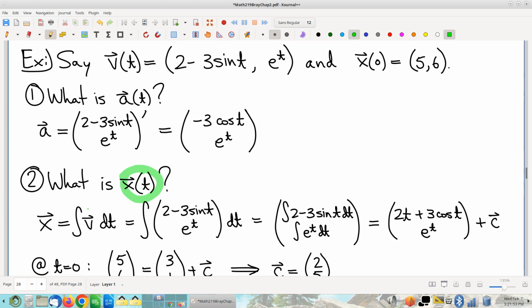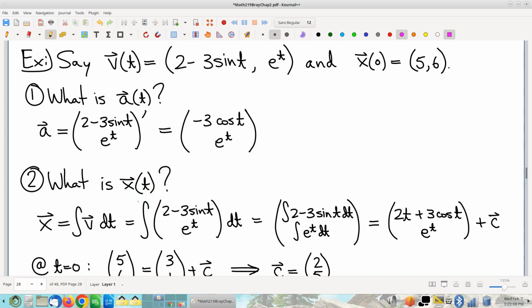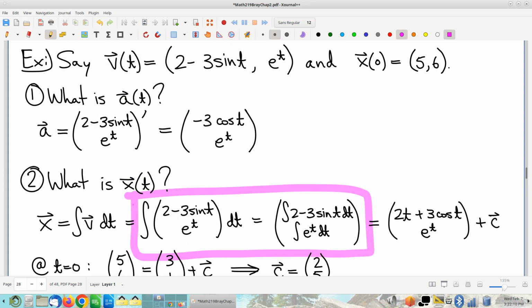So we're going to just take the antiderivative of the velocity that we were given right there.